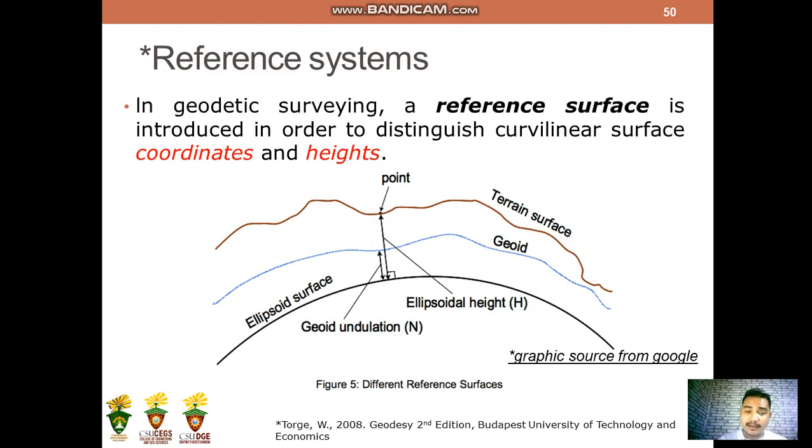Considering the point on the terrain surface, the ellipsoidal height is the height from the point to the ellipsoid. The geoidal undulation N is the difference between the ellipsoidal height and the geoidal height, or orthometric height pala. So, orthometric height is from the point to the geoid.